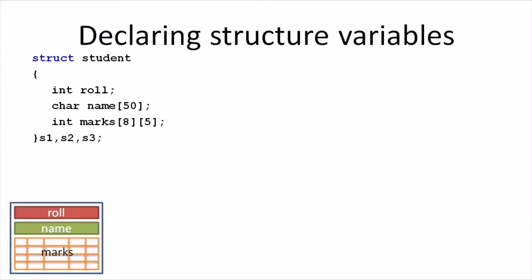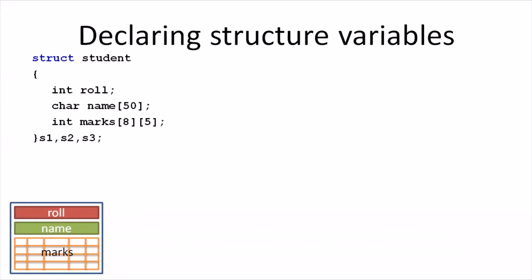Now that we have defined the user-defined data type, how can we declare variables of this user-defined data type? There are two methods for doing so. In the first method, we can simply write the variable names right after the declaration of the structure followed by a semicolon, as shown in the slide.